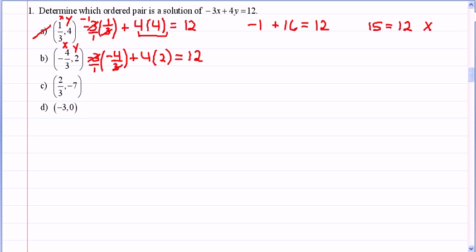Negative 3 and 3 cancel to negative 1. Negative 1 times negative 4 is positive 4. 4 times 2 is 8. And 4 and 8 add to 12. So this works. So therefore the answer is B. You can check C and D if you'd like, but once you get a solution you can stop.